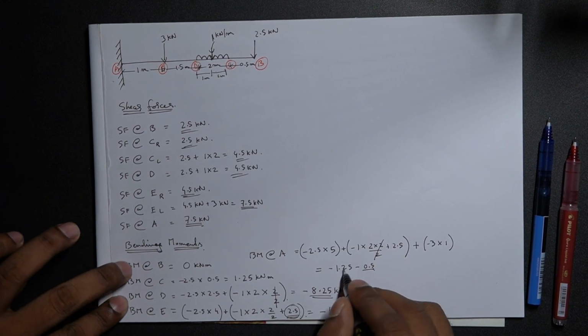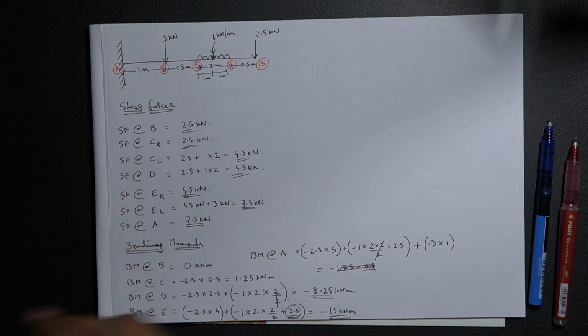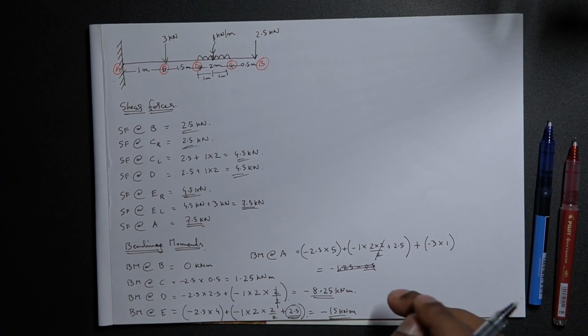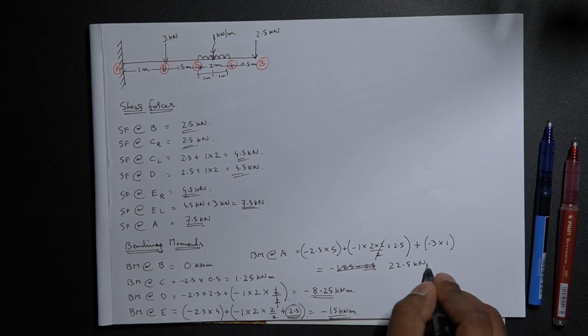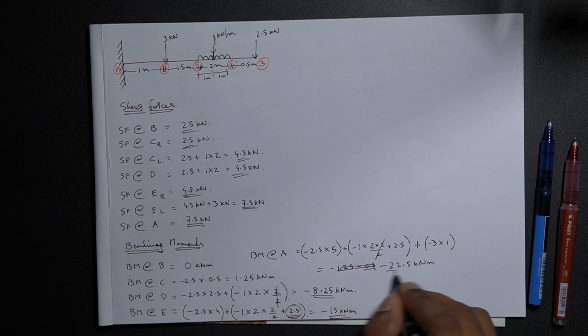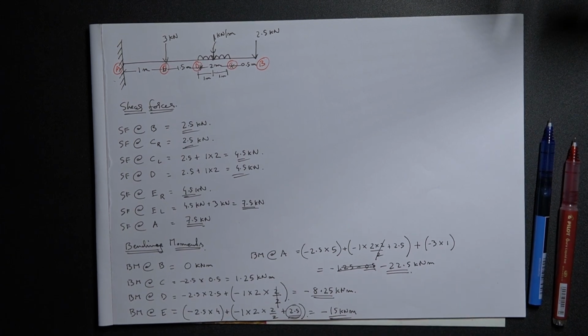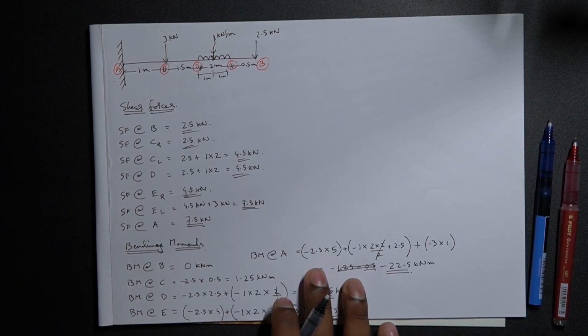The total value I will be getting is 22.5 kilonewton meter negative. So this is the bending moment at point A, that is 22.5 kilonewton meter.